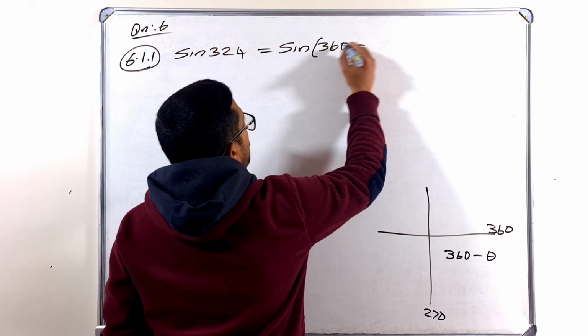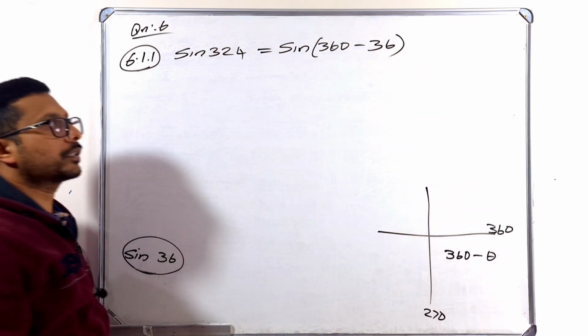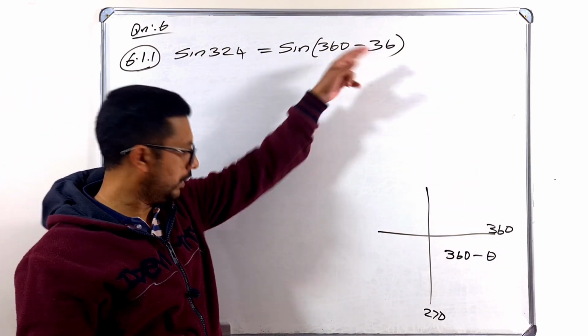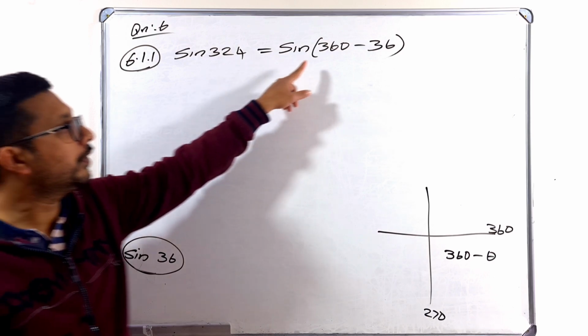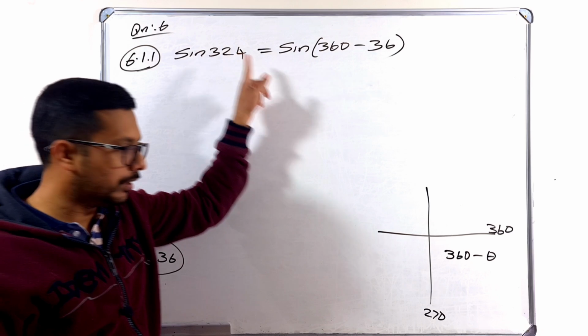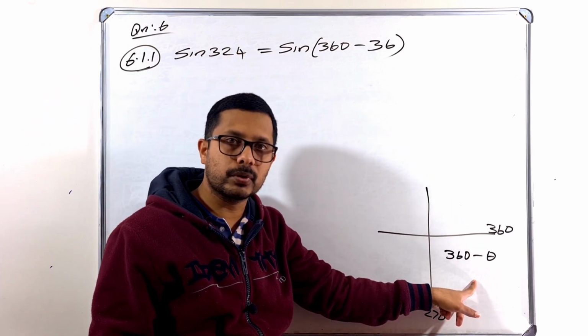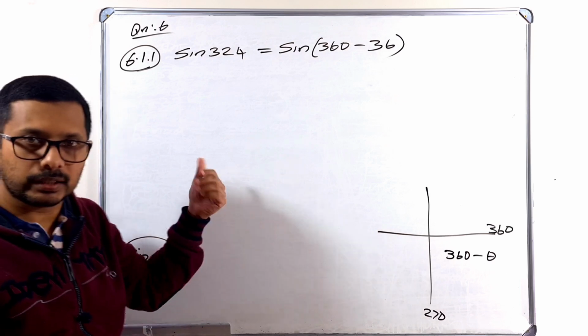So sine of 360 minus 36. 360 minus 36 is 324. So how can we write it like this? Because this 324 is in the fourth quadrant. Fourth quadrant, how can you write? 360 minus theta, that acute angle.